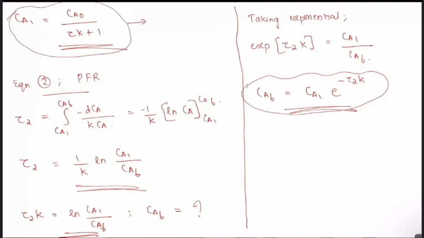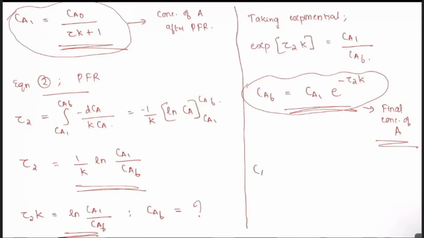So this will be CAF, and we also have the CA1. CA1 is the concentration of A after the PFR, and this will be the final concentration of A. Okay, so this is the final concentration of A after the PFR. So we have the equation for CA1 here. We just substitute that CA1 equation in this CAF.